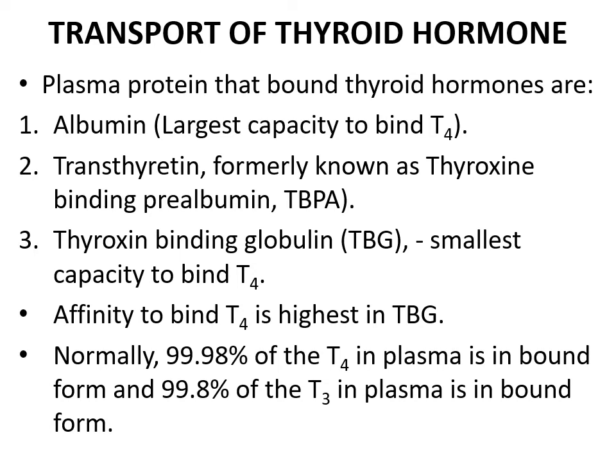Of these three proteins, albumin has the largest capacity to bind T4 and thyroxine binding globulin has the smallest capacity.